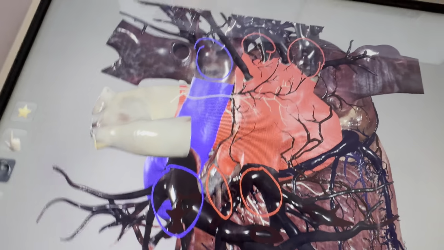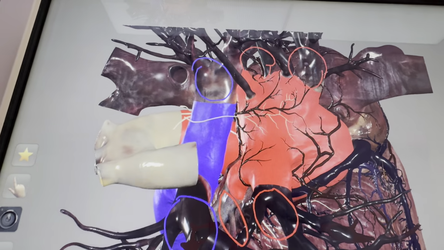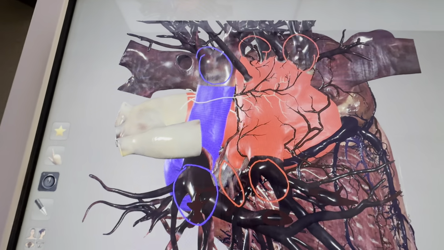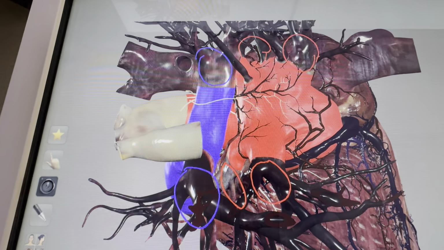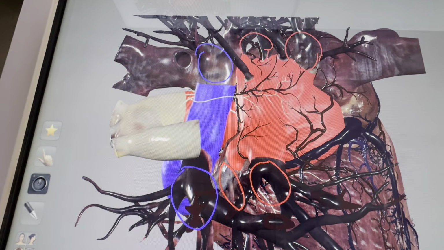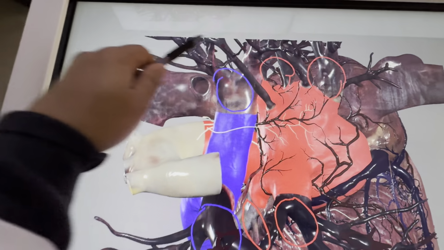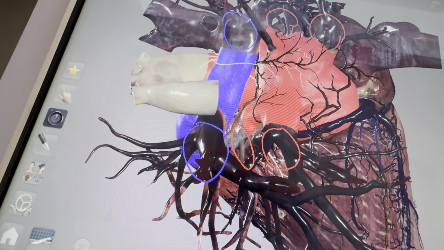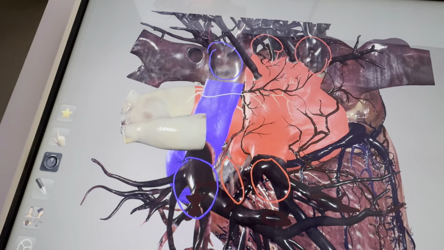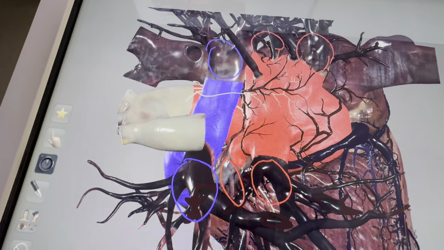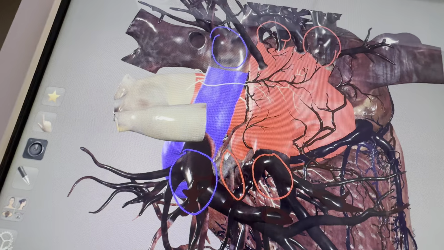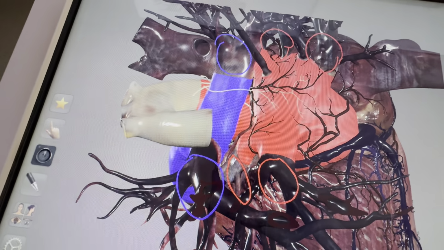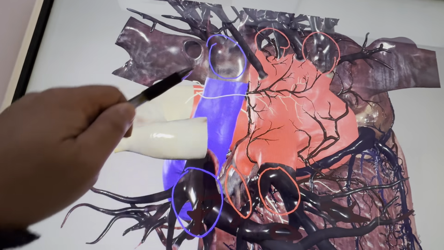So, where is the right side of your patient? We're now looking at the dorsal surface, the posterior surface, and the right side is, if you guessed this side, it's correct. And this is the left side. So if I ask you, where is your left pulmonary artery? Your left pulmonary artery is here. Where is your right pulmonary artery? Here.